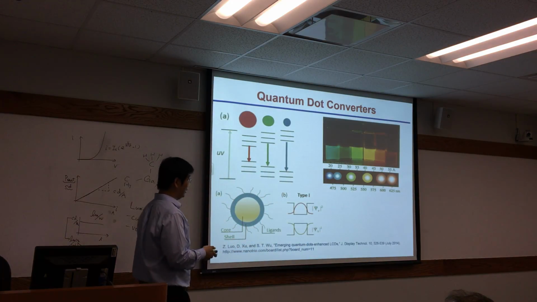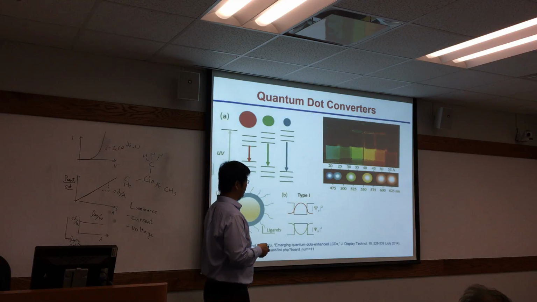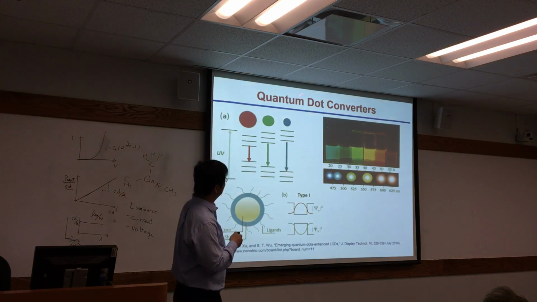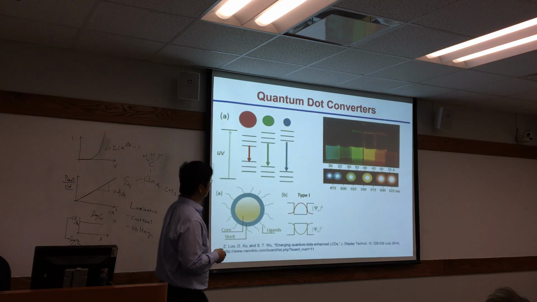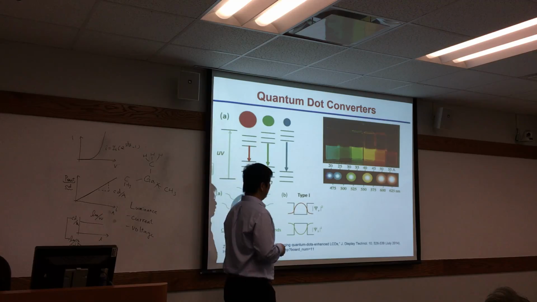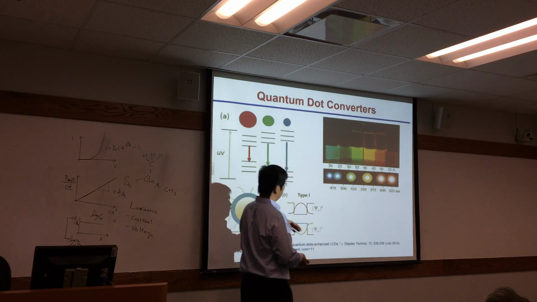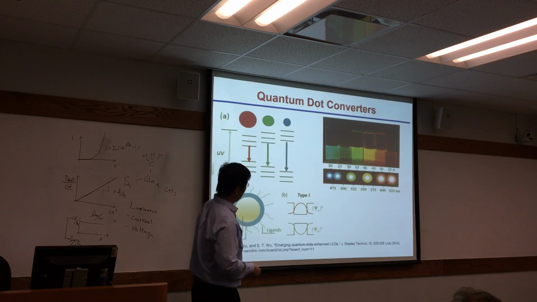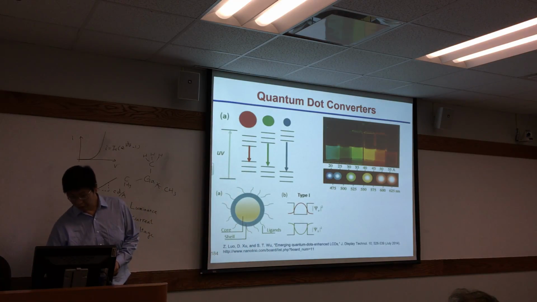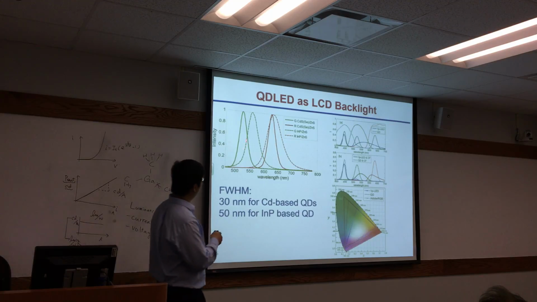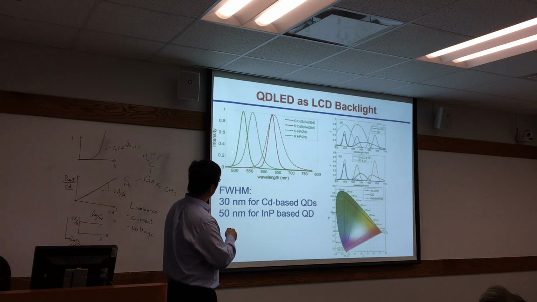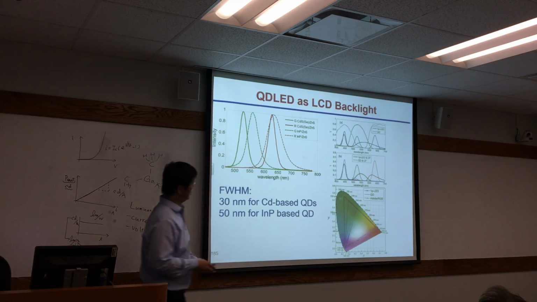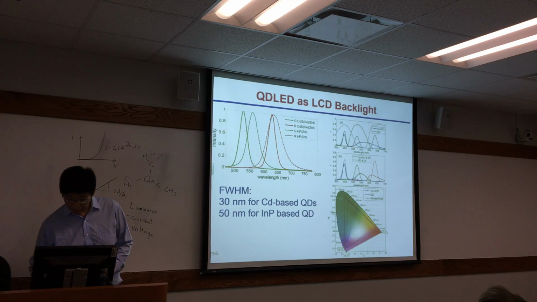Just last week we went to the SID, and there are many companies doing this kind of quantum dot conversion, and they can absorb the blue light and generate a different color. And the best thing is the full width at half maximum is very narrow compared with a very broad yellow phosphor.